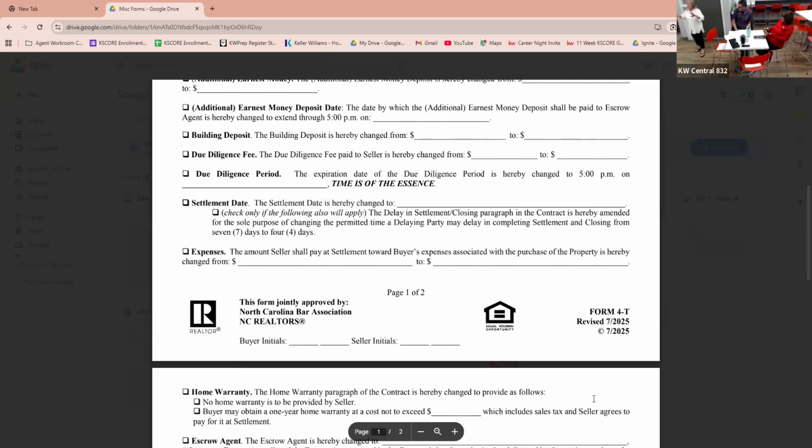Divorce situation. $500 of the due diligence was sent via certified mail to the seller in Minnesota, and $500 to the seller in New Hampshire. Certified mail, tracking, the agent was tracking it. And that was like 3 weeks ago. And the one in Minnesota still had not received the due diligence check.